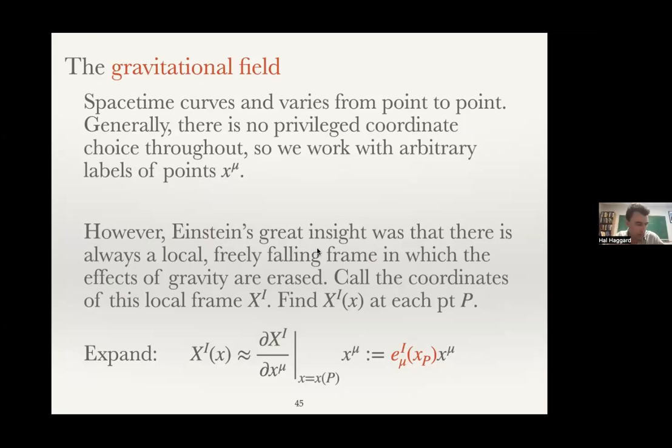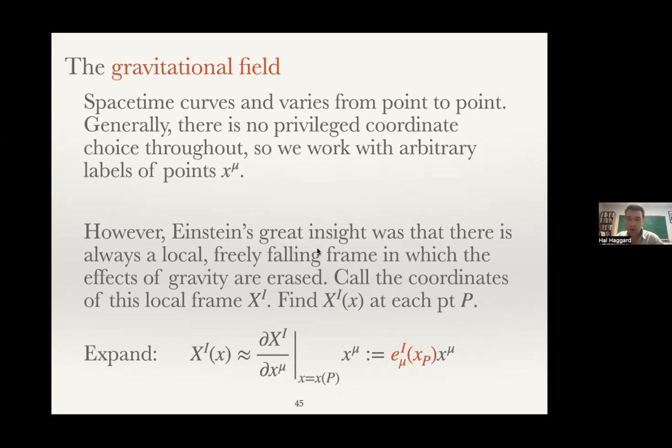But Einstein's huge insight, the elevator experiment insight, was that you can always make a coordinate change in your local laboratory, right here where you're doing experiments. You can always change coordinates to a freely falling frame. And in that freely falling frame, there's no gravitational effect. It's a local inertial frame.